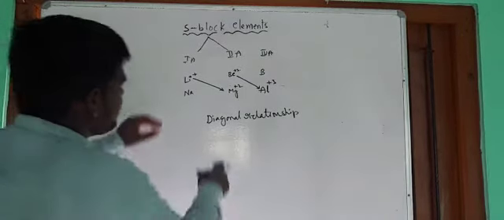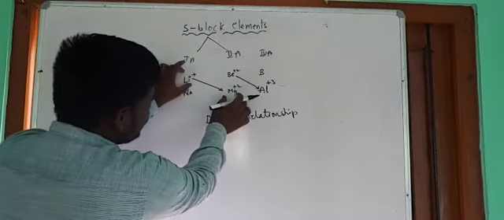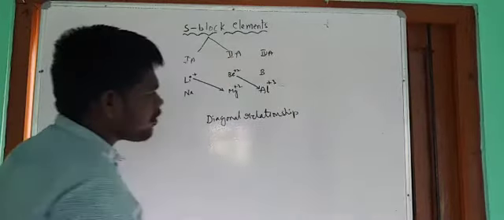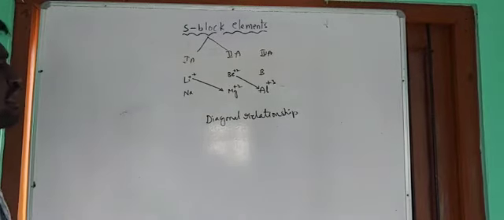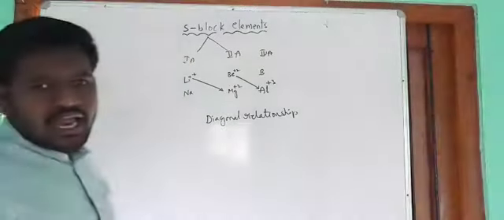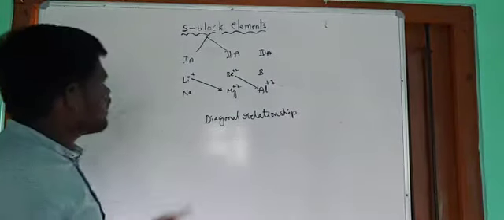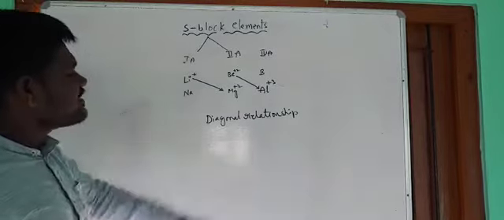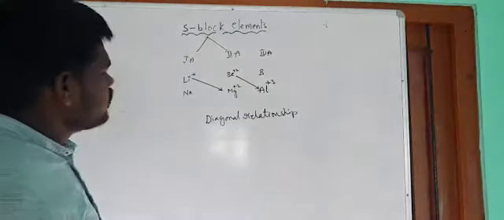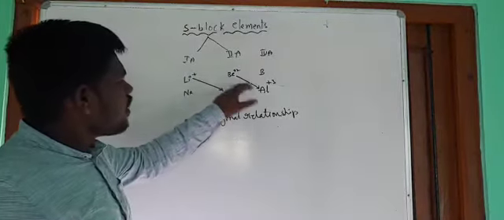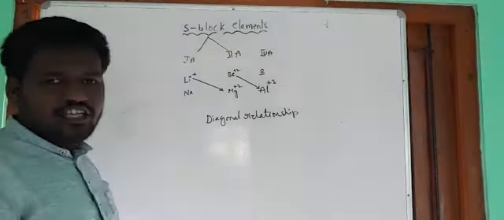So why do these ions show similar properties? Because they have nearly the same size. They have the same ionic radius, not atoms, these are in the ionic form. So their ionic radius is very close together, and here also these two ions' radius is very close together.